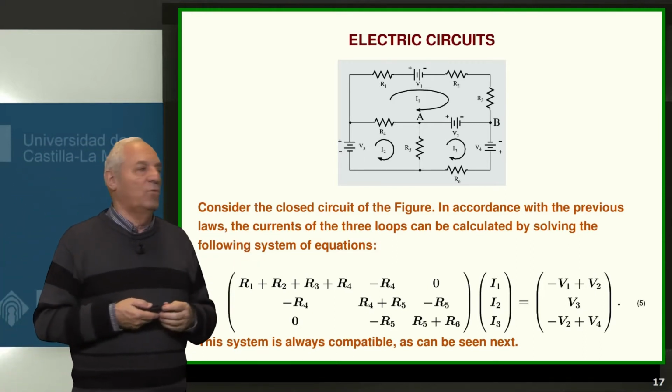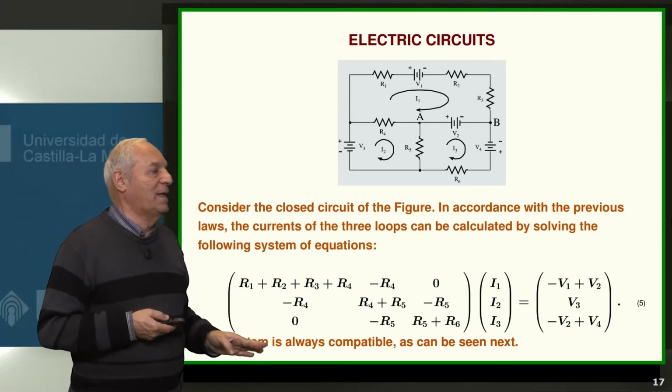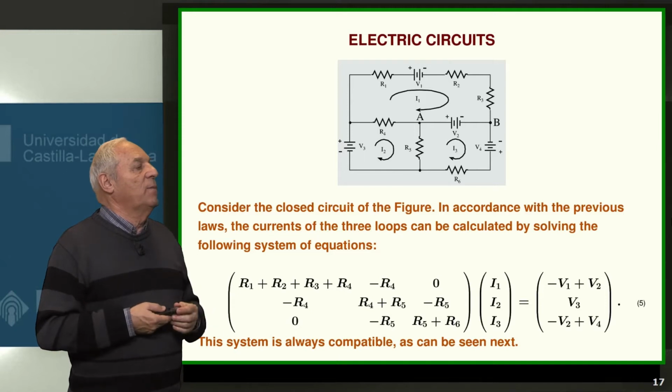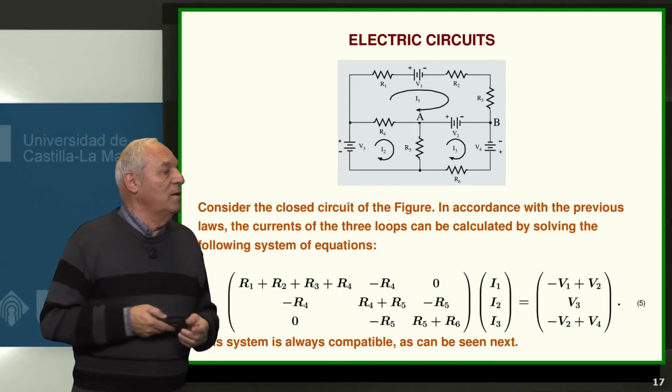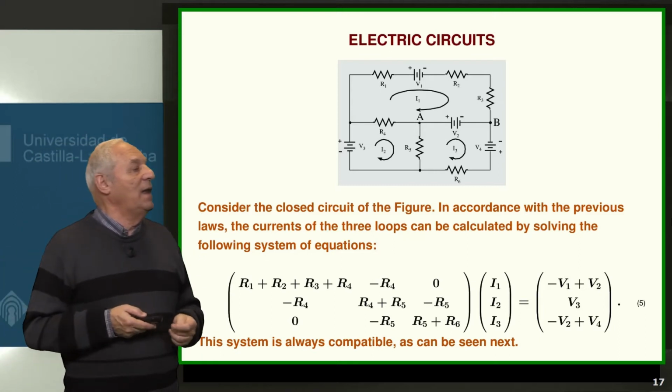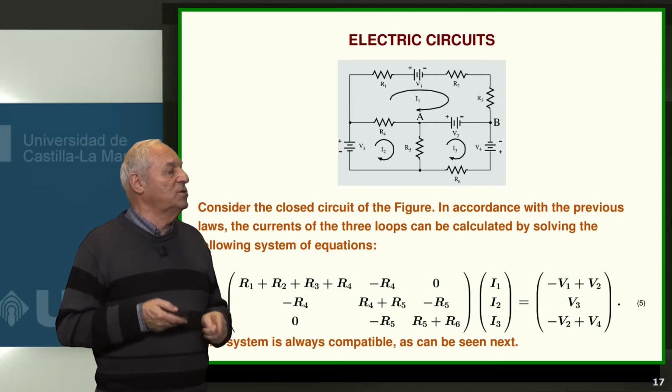Let's go with the loop in the lower left. There, on the one hand, I1 and I2 circulate through the resistance R4, and through R5, I2 and I3 circulate, but you have to take into account the signs of each one.